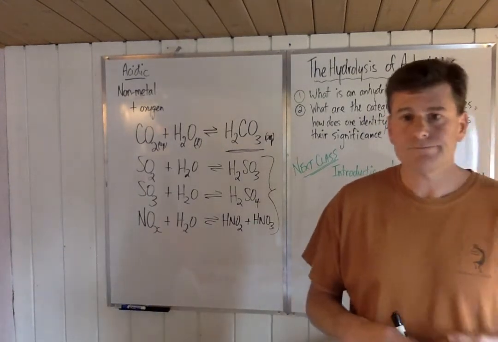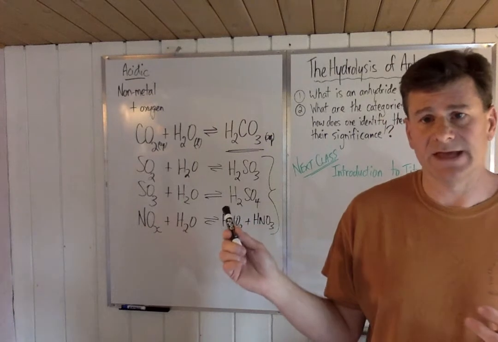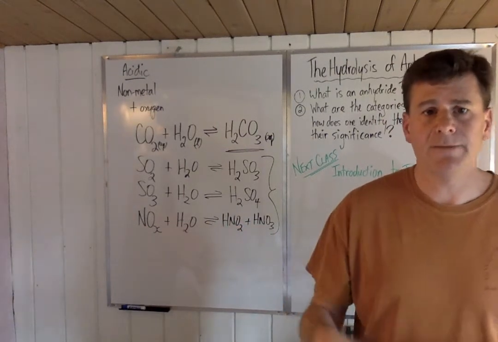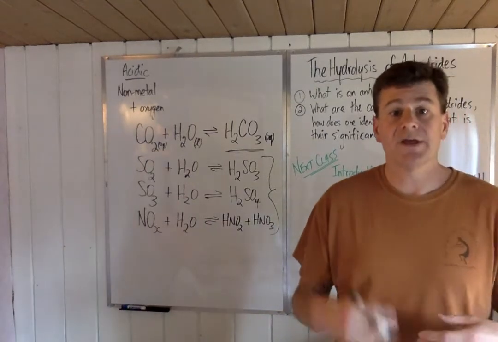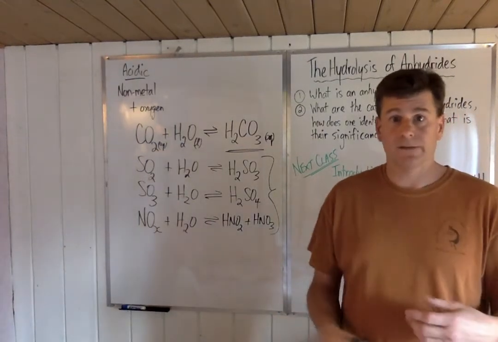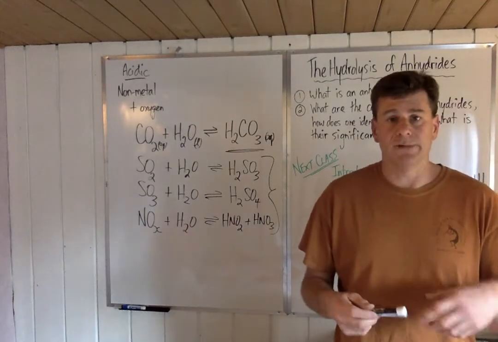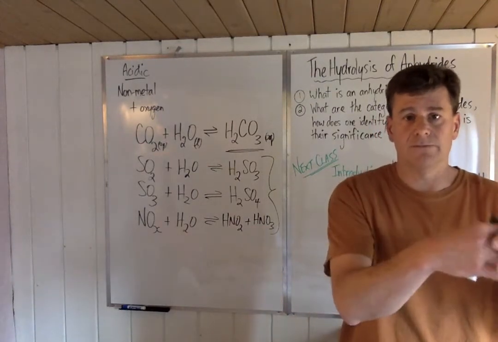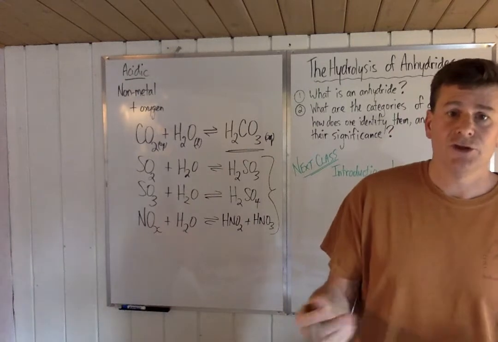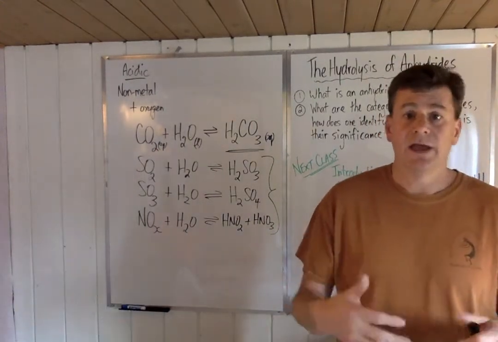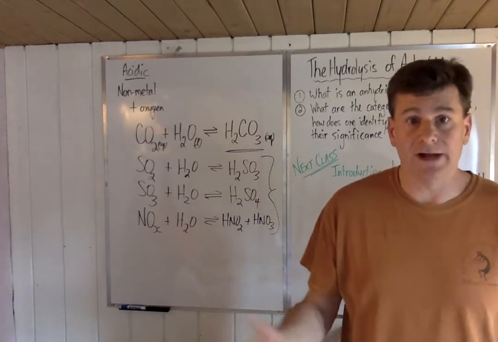Number two, both of those things, the primary source of them tends to be from the combustion of fossil fuel. Okay, tends to be. So if you're talking about industrial processes, those industries will be pumping out a lot of SO2 and SO3 and a lot of NO2, NO, and NO3.